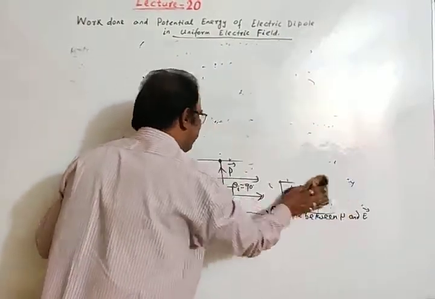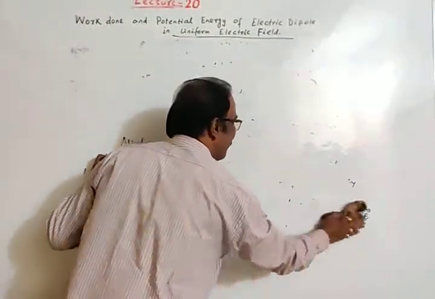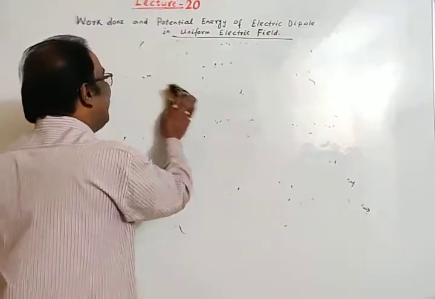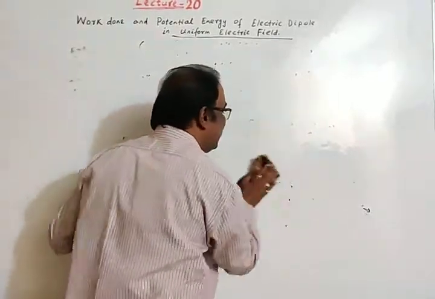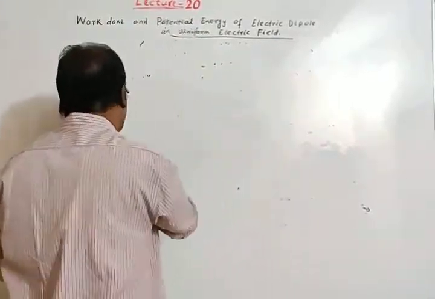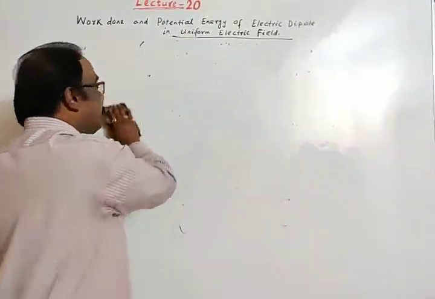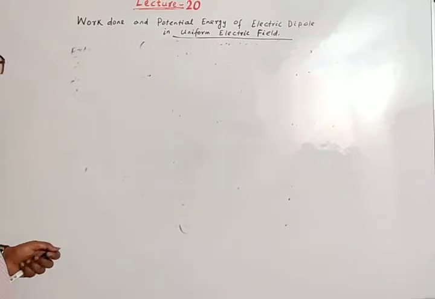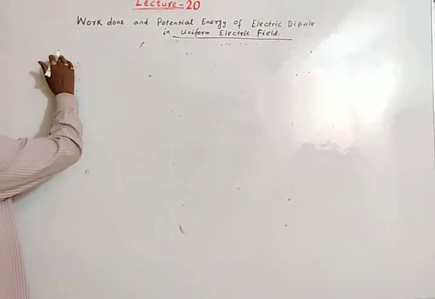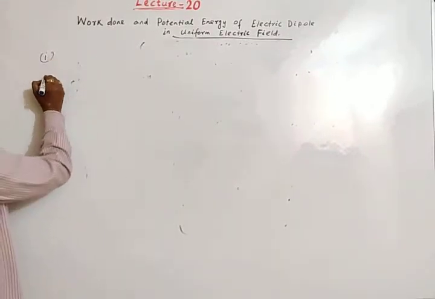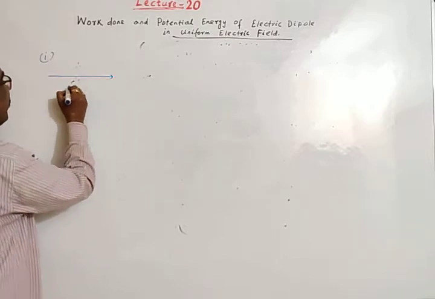I have taken a screenshot. Very good. We will take different positions of a dipole in a uniform electric field. This is the first case, this is the direction of the electric field.